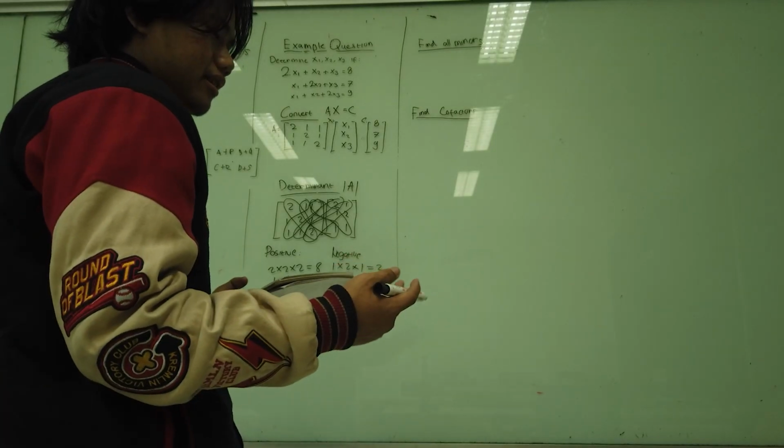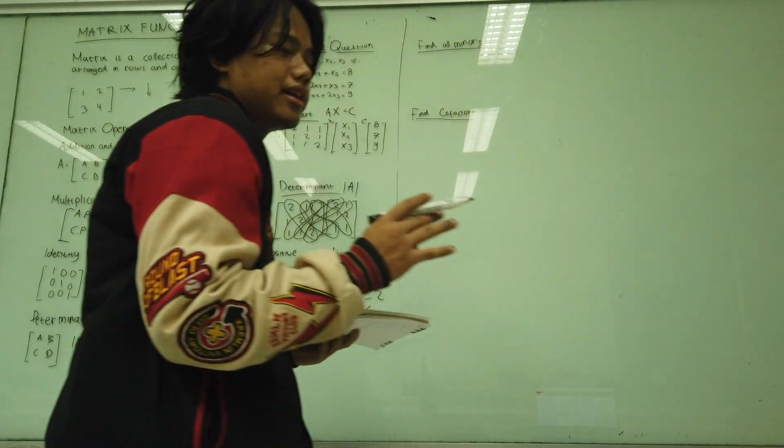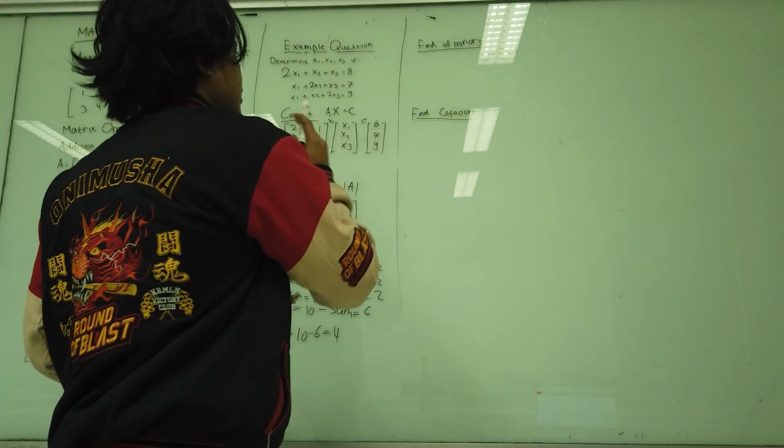Okay, next up, we need to find the minors. What are the minors? Minors are found by hiding a row and a column.